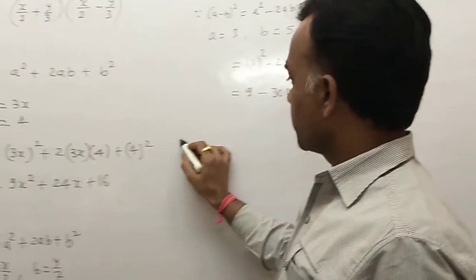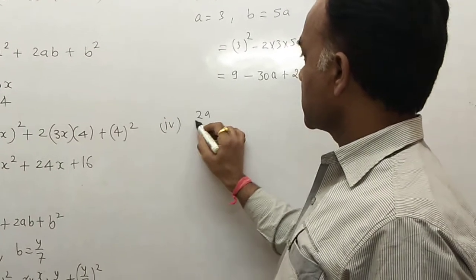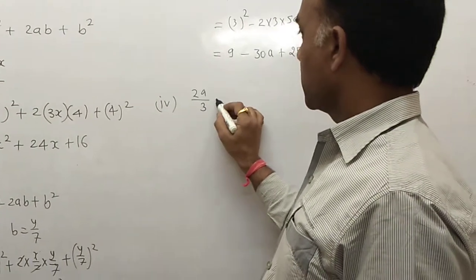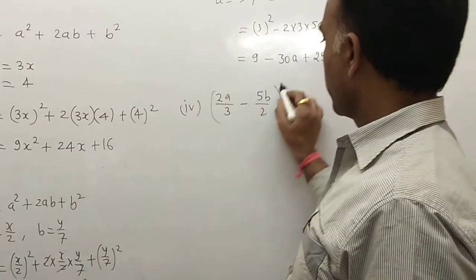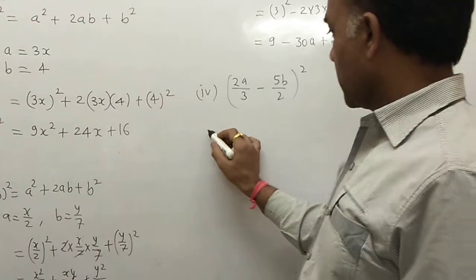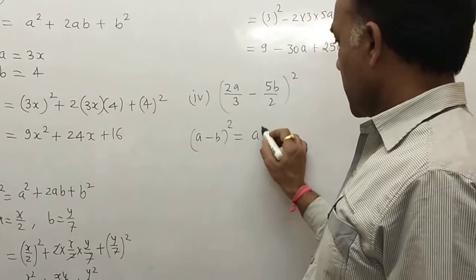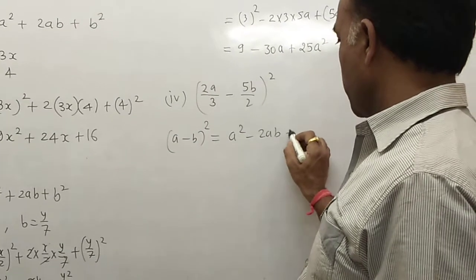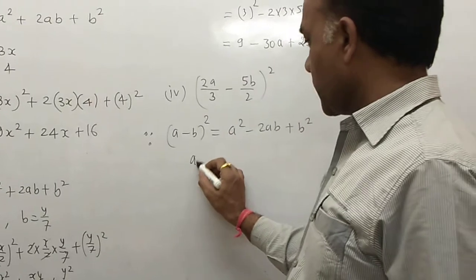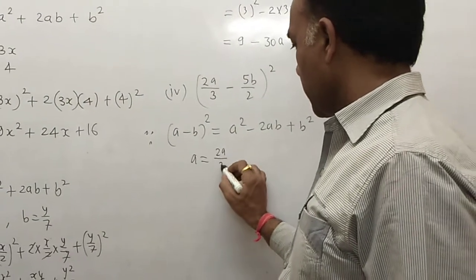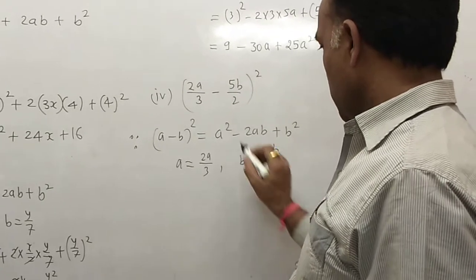The fourth question is again related to fractions: (2a/3 - 5b/2) whole square. Again use the concept of (a - b) whole square: a square minus 2ab plus b square. Compare and find the value of a, that is 2a/3, and the value of b, which is 5b/2.